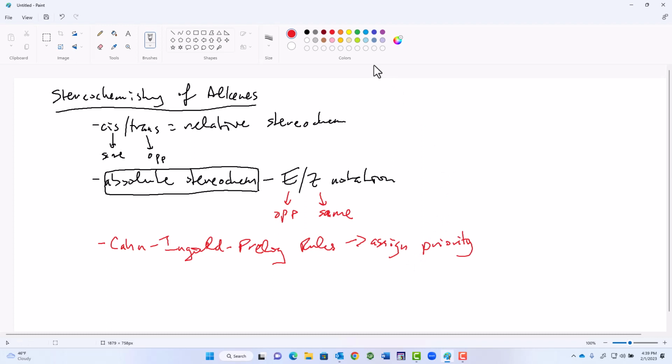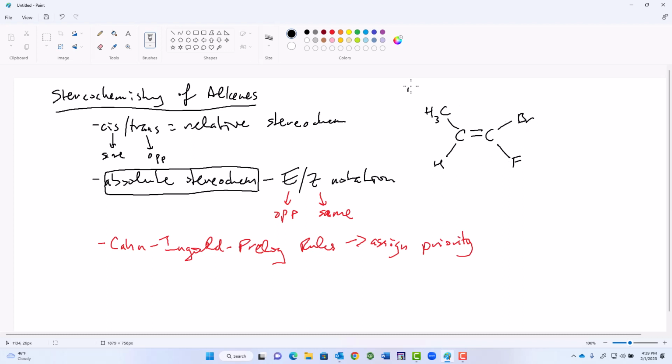So let's consider a system that looks something like this, and let's go about assigning E or Z notation and assigning priorities. So let's say we have a methyl group here, we have an H here, we have an F here, and we have a Br here.